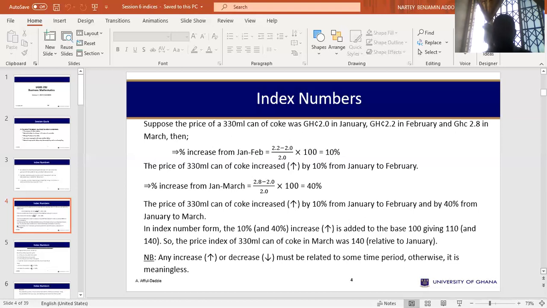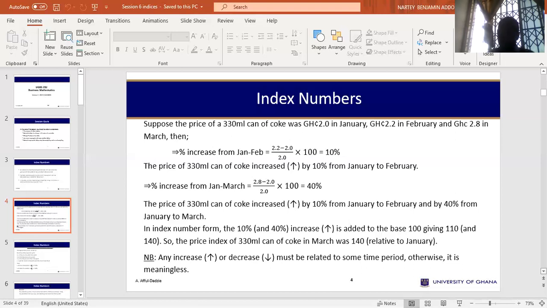So in index number form, we'll say that it's 140. The 10% and 40% increases are added to the 100, giving 110 and 140 respectively.